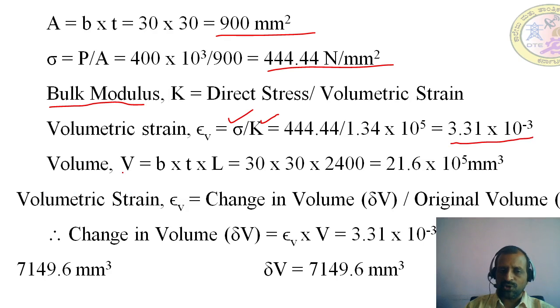Now find out the volume. So V is equal to B into T into L. So write it 30 into 30 into 2400. So that will be 21.6 into 10 to the power of 5 mm cube.